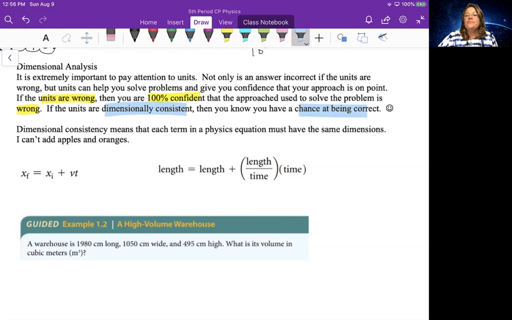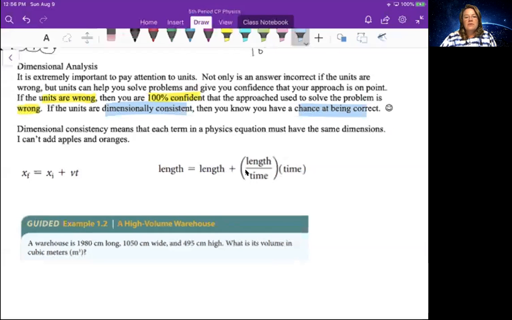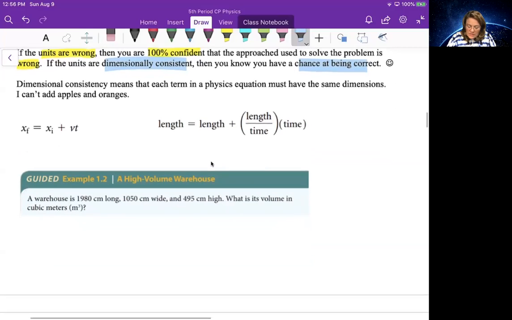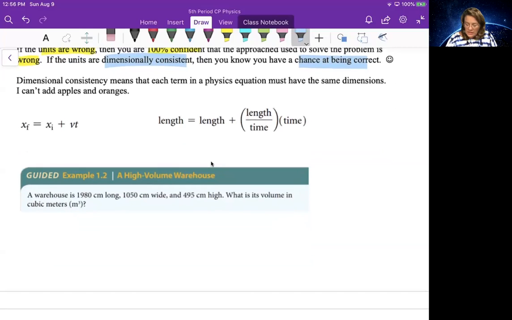So anyway, whoops, what happened here? Okay, all right. Continuing on, dimensional consistency using dimensional analysis means that each term in a physics equation must have the same dimensions. What do I mean by that? You can't add apples and oranges. If you're given this equation, this is an actual common physics equation: x final is equal to x initial plus velocity times time.